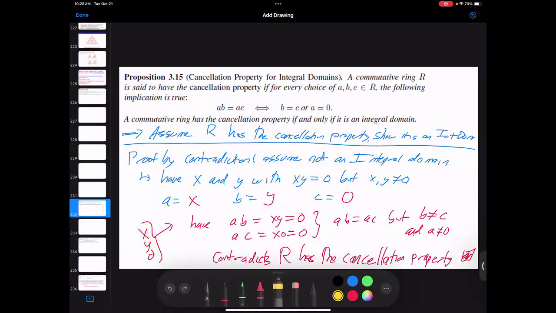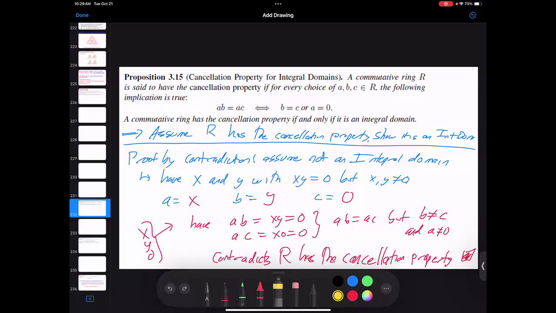How many ways are there to put them in? Well, if each one gets something different, I've got 3 choices for A, 2 choices for B, and then C is forced. So if I have x, y, and 0, and I'm plugging them in here, and I don't have anything taking the same as anything else, there's only 6 things to try. That's not too bad.